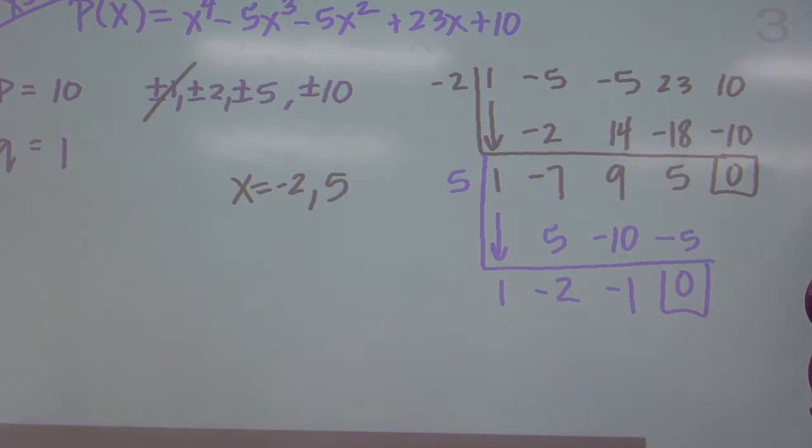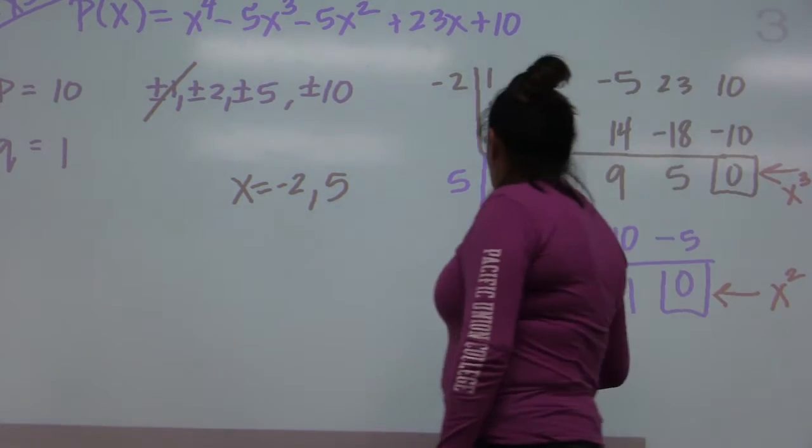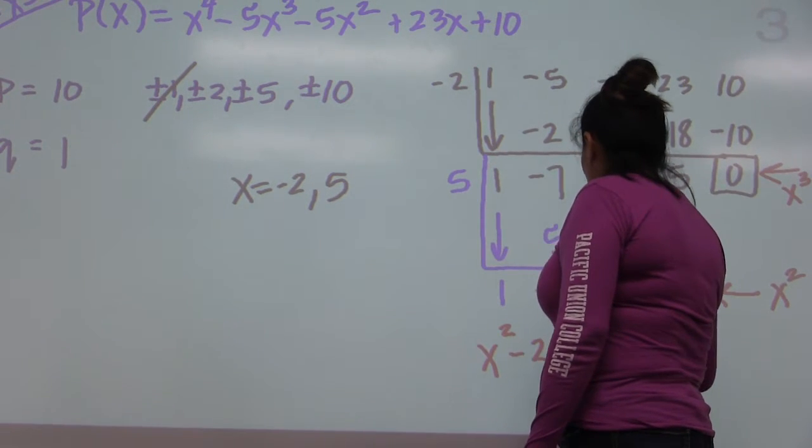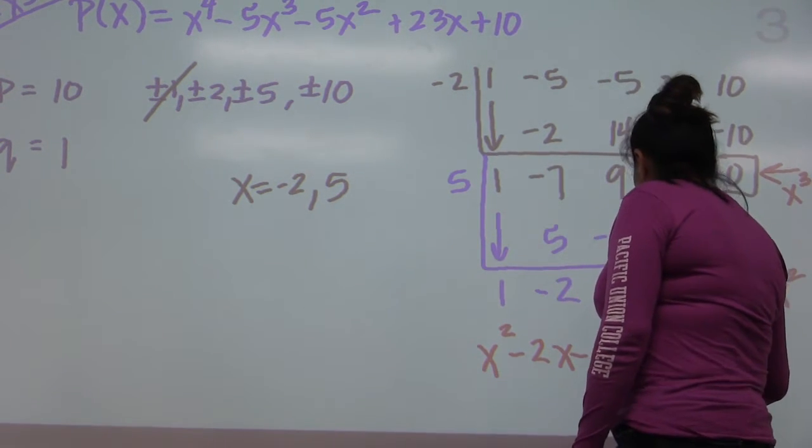So this column is 3rd degree, x cubed. This column is now x squared. So I'm going to get, but I can tell you this, x squared minus 2x minus 1 equals 0.